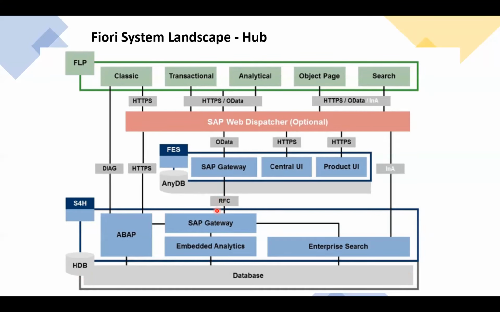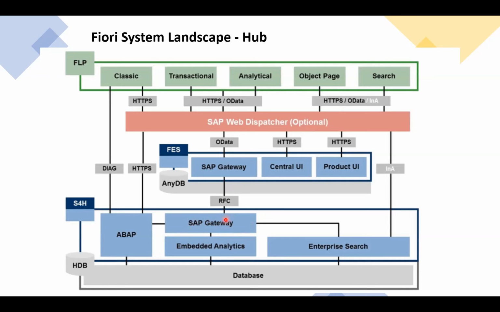So if you see here, if we have S4HANA system, for all the S4HANA system subscriptions, there will be an inbuilt gateway in the S4 system itself. Okay, so if we register the application here in SAP Gateway, that's fine.